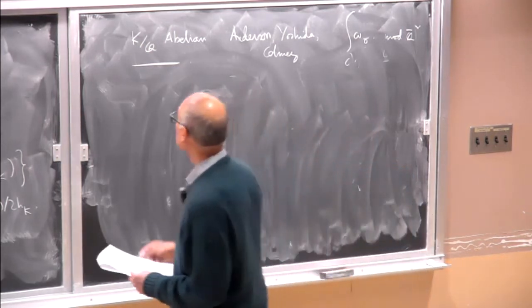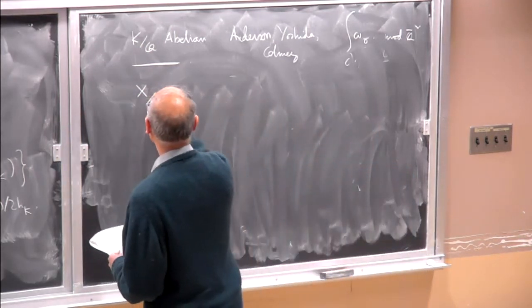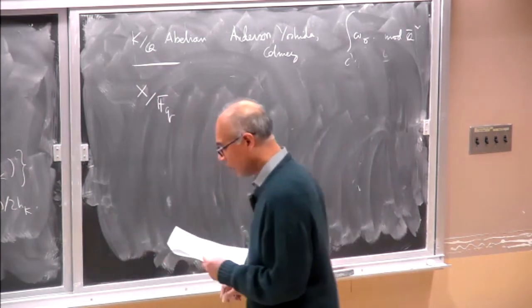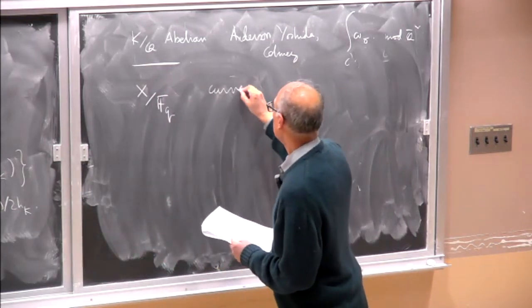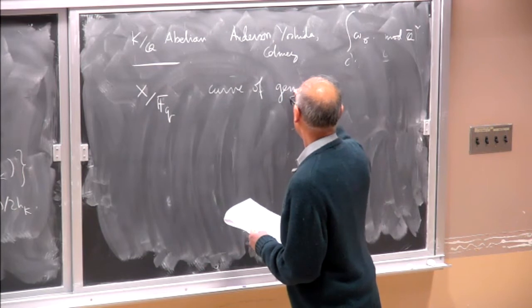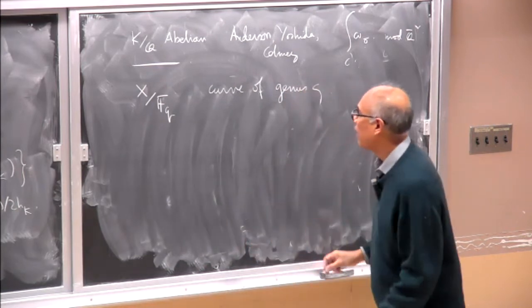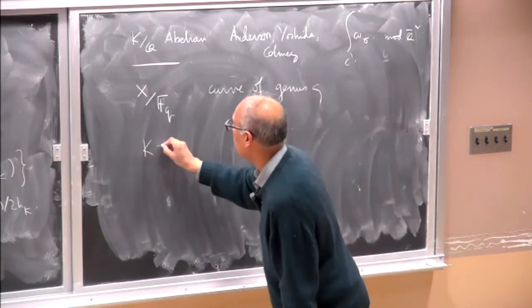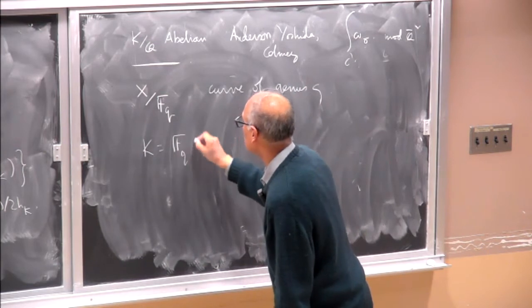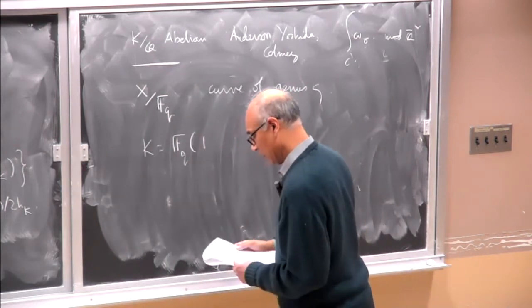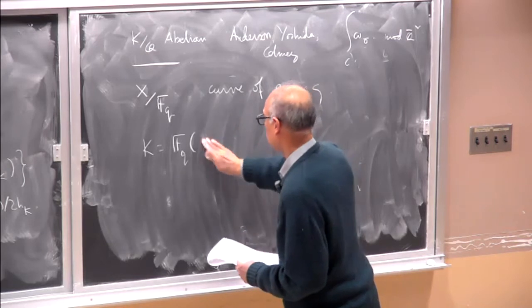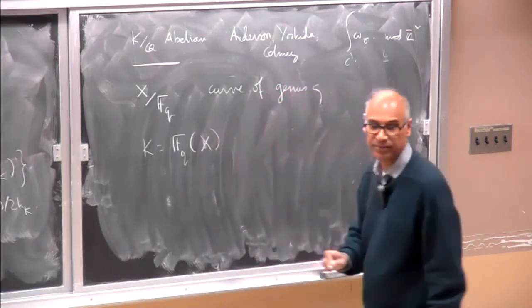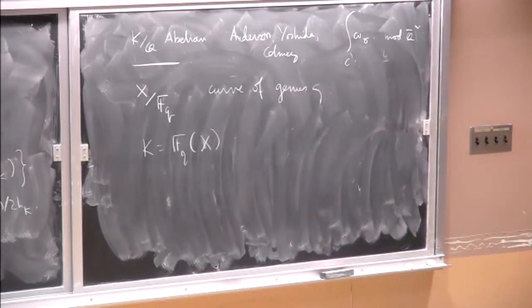So what he showed is that if I take over F_q a curve of genus g, and look now, for my K, instead of a number field, I look at the function field F_q(X), the function field of X. So it's some algebraic extension of F_q(T).